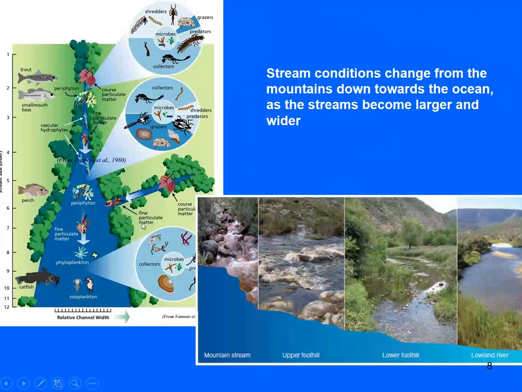Now what you will see, and this is what we're going to be talking about now, is that stream conditions change from the mountains down towards the ocean as the streams become larger and wider. Here you've got a photo, I put it on the front slide as well, where you go from a mountain stream to the foothills, upper and lower foothills, and lowland river.